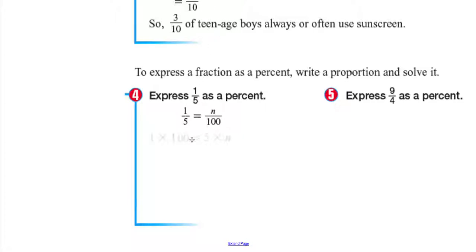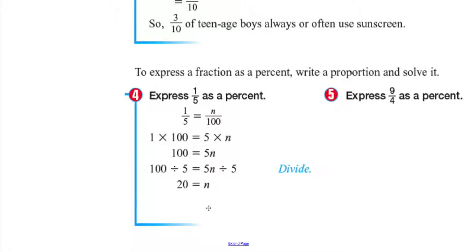We end up with 1 times 100 is equal to 5 times n, or 100 equals 5n. And then we solve for n by simply dividing both sides by 5. We end up with n equals 20. So 1/5 is equivalent to 20%.